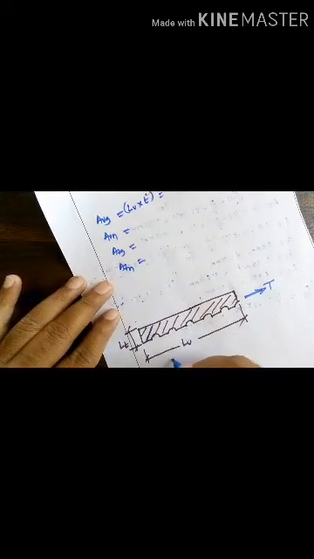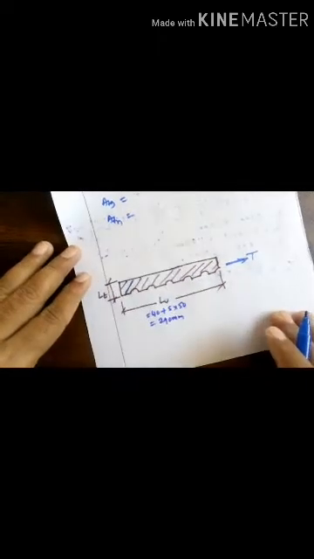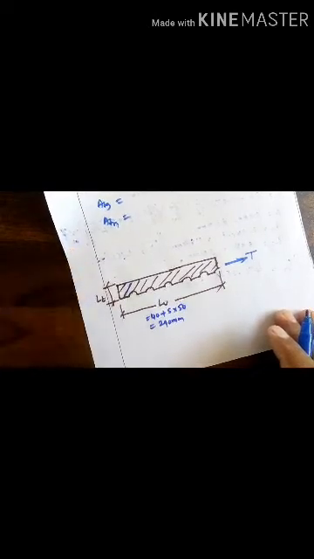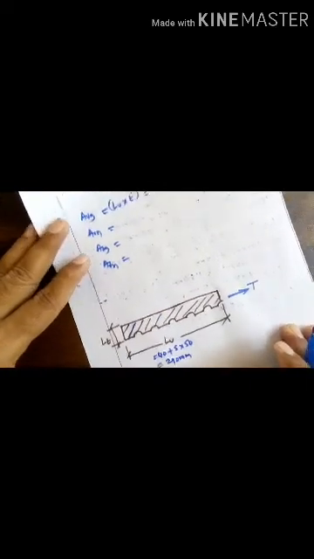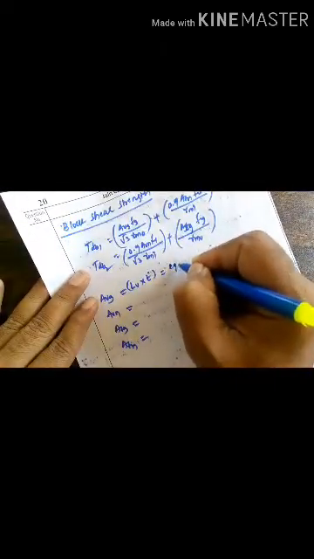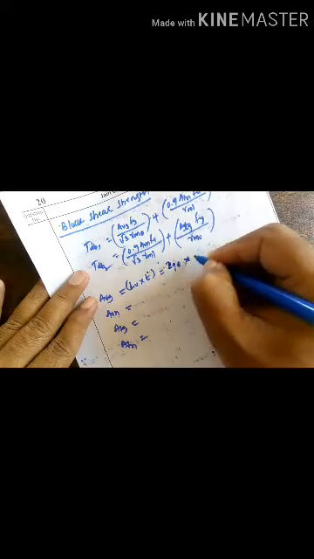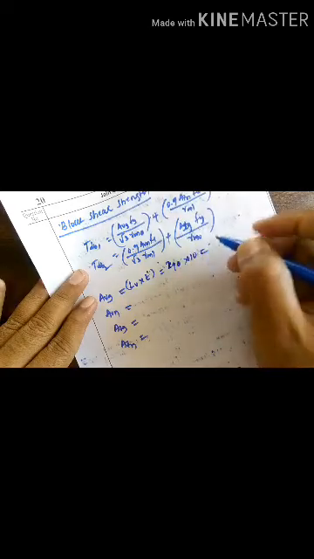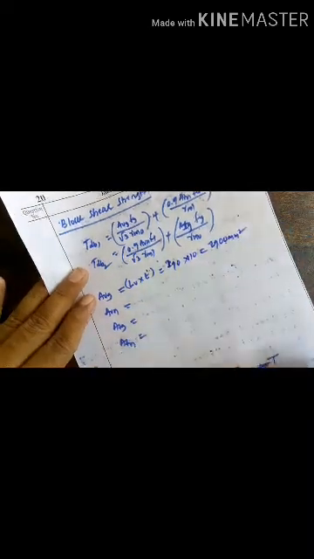So that is 40 plus 5 into 50, you get 290 mm. You get LV as 290 mm. Then 290 multiplied by thickness, you get 2900 millimeter square.